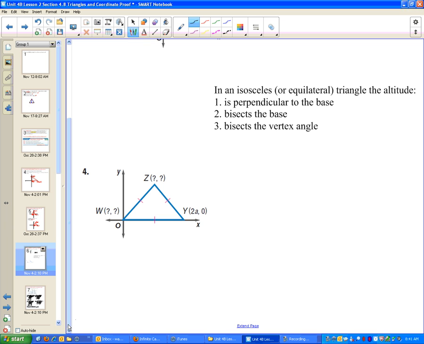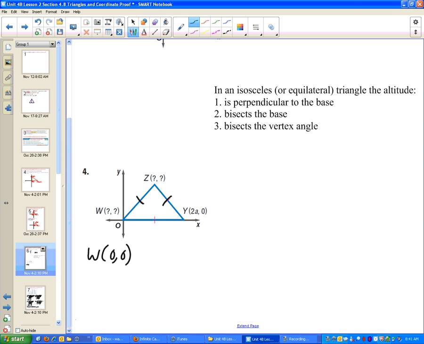What are the coordinates? Well, what kind of a triangle is it? Equilateral. And equilaterals are special types of isosceles, so the properties of isosceles apply. The coordinates of W are a piece of cake. What are they? Okay. Now, Z. Let's treat this like an isosceles triangle.